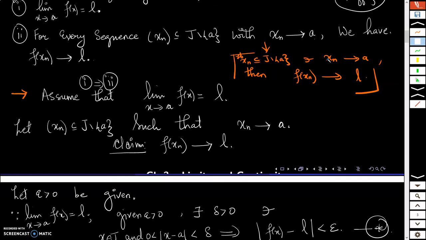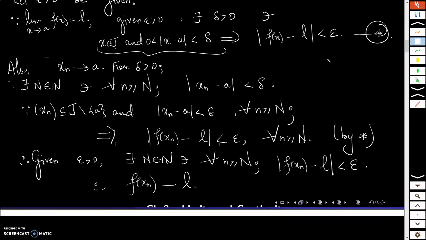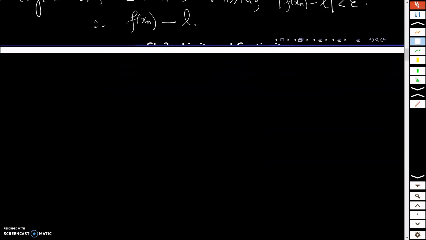Now to prove the converse, that is 2 implies 1, conversely, I need to prove now that 2 implies 1. So we will assume 2.